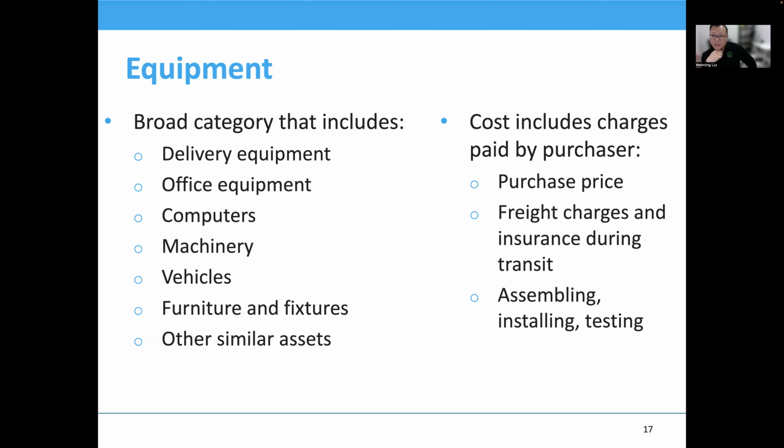So the cost of that equipment should include the purchase price, how much you paid for it. And often, let's say furniture, some equipment is too big. You can't just stuff it into your own car, so you pay a delivery fee. The company will deliver it to your building.